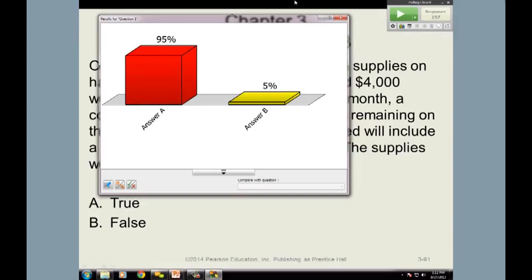So the adjusting entries always include one balance sheet account and one income statement account, except for what balance sheet account? Cash. Adjusting entries never involve cash. So if you're still not sure of what you're doing, never select an adjusting entry with cash in it, just to be sure. You can't have cash. Okay. All right. Just want to do one more.